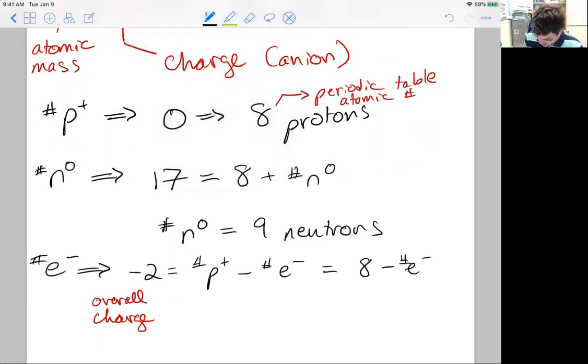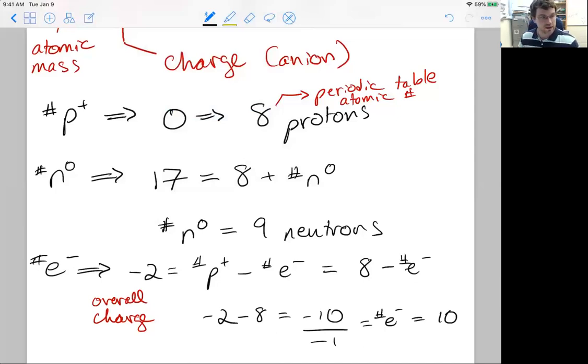So -2 minus 8 is equal to -10, divided by -1, is equal to the number of electrons, which is 10. We have 2 more electrons than protons, and so we have an overall charge of -2. If you find an easier way to solve that, go ahead and use it, but these are just things that I use that work all the time.